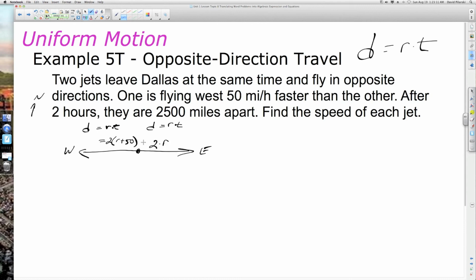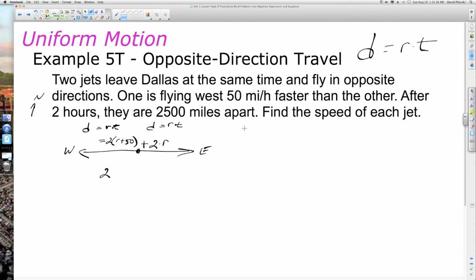And what we have to do is add these two distances, 2 times the quantity r plus 50 plus 2 times r, and that's going to be equal to 2,500 miles apart. They start at the same place and go in opposite directions, and this is how we represent the distance they travel. This one's going to travel a little bit further. In fact, it's going to travel 50 miles further. So let's see how this works out.